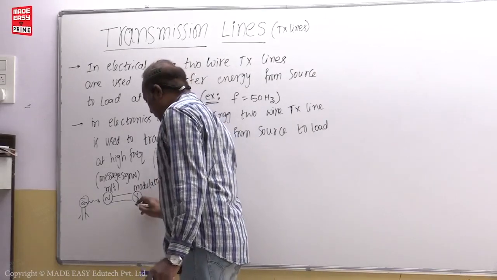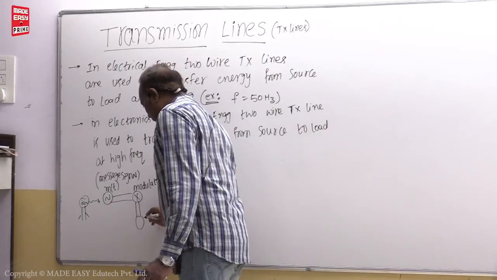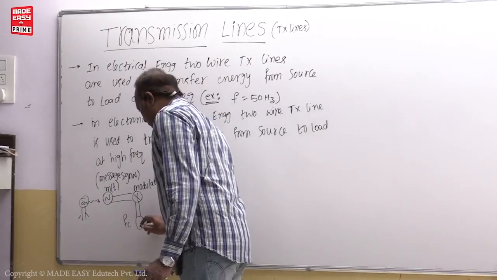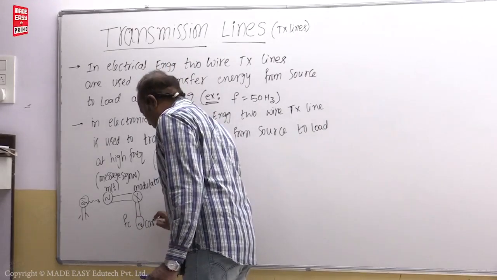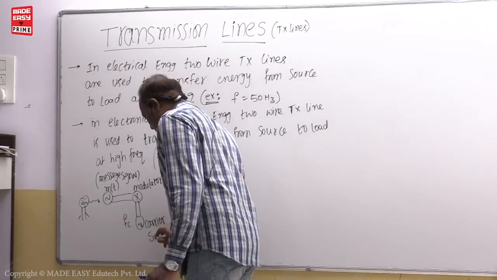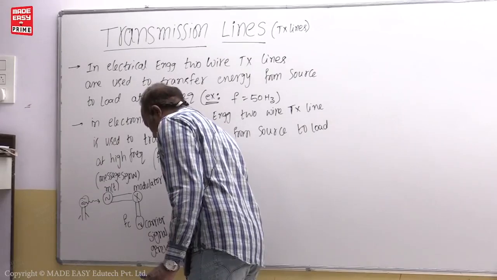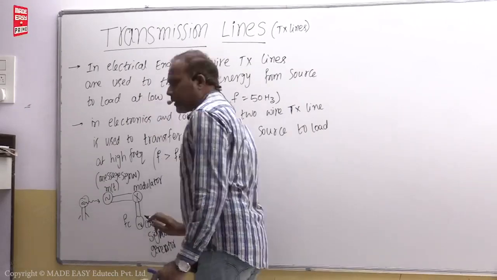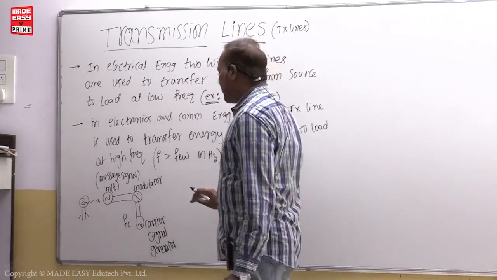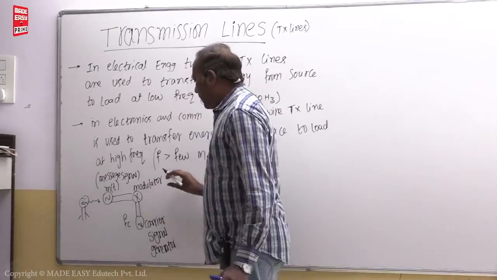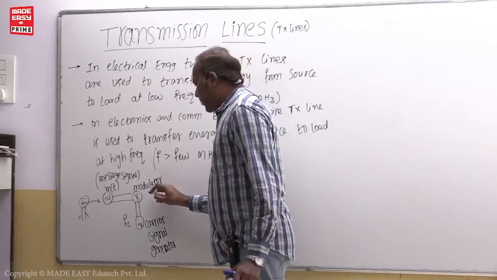And here the carrier signal generator with frequency fc is there, dear students. For example, an FM signal modulator is there.